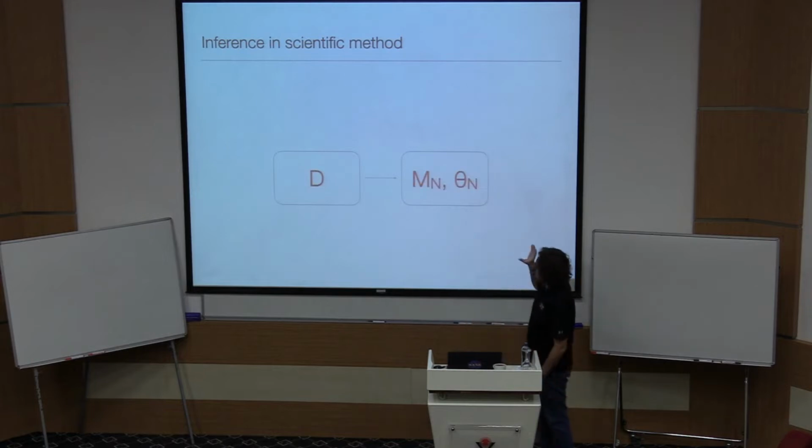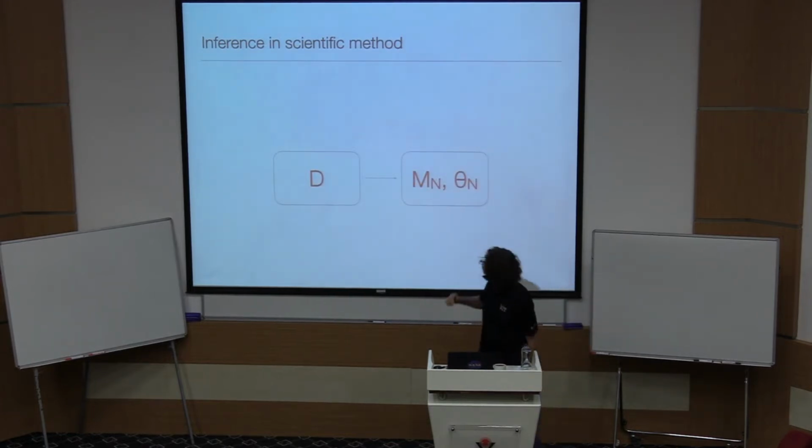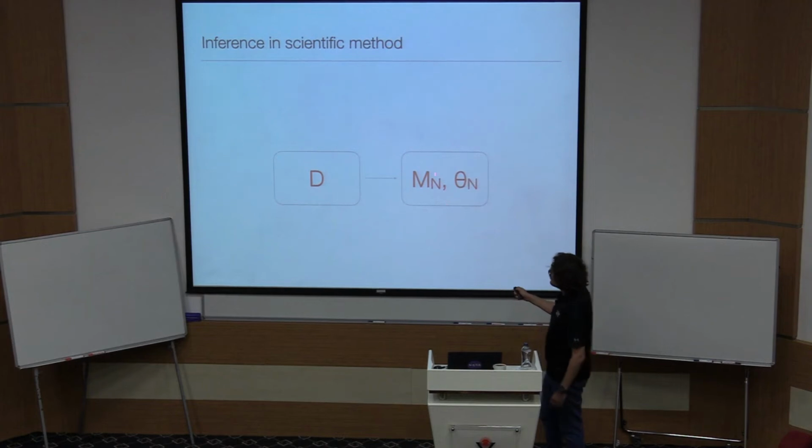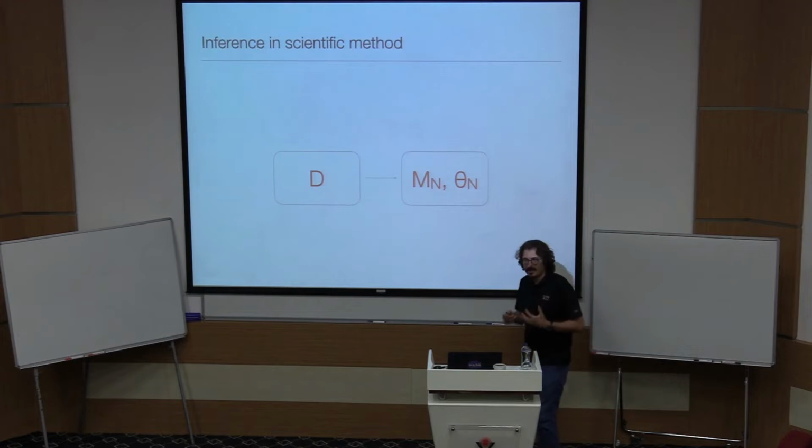So I will just use the capital D for data, for short notation, and for the model, I will have such a notation where M sub n will refer to the model in question with the subscript n denoting the dimensionality of the model.